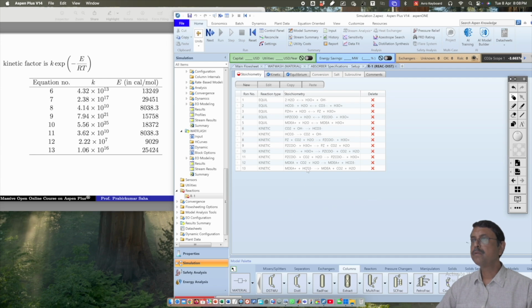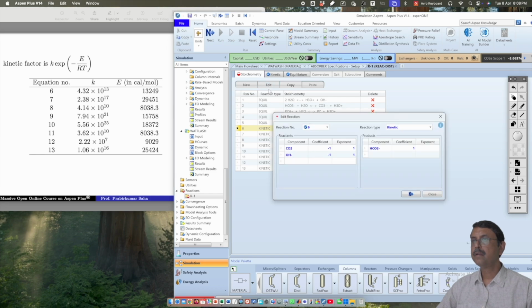Now I'm not sure why the stoichiometric is still giving a problem. This one is okay.